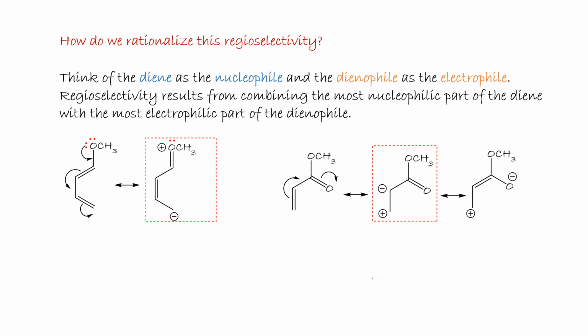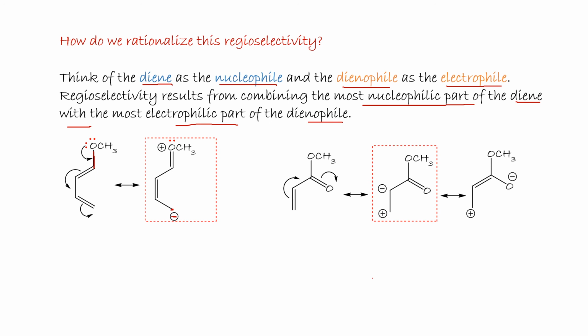To rationalize that, think of the diene as a nucleophile and the dienophile as an electrophile. Regioselectivity results from combining the most nucleophilic part of the diene with the most electrophilic part of the dienophile. When we have the methoxy on carbon 1, resonance structures will locate the negative charge on this carbon.